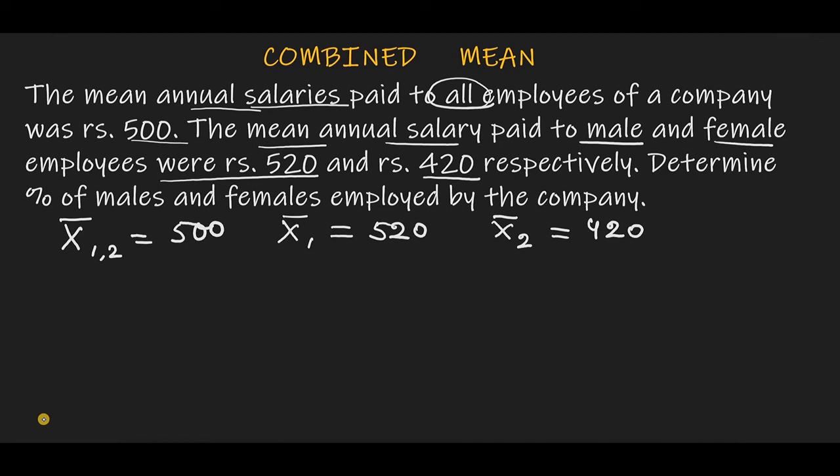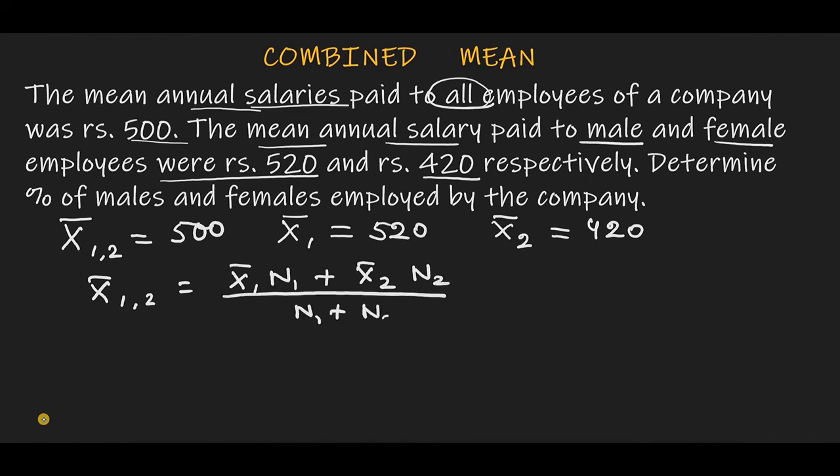If we put all these values in the formula of combined mean, the combined mean is equal to mean 1 n1 plus mean 2 n2 divided by n1 plus n2. Let's put all the values in this formula.